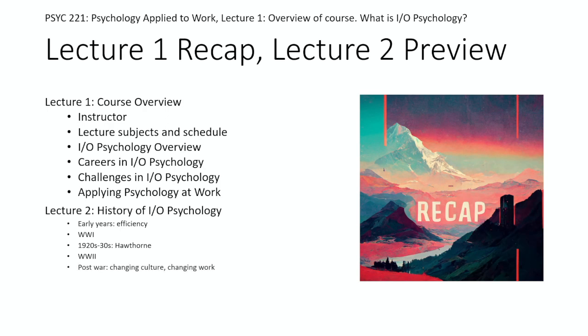Then post-war, all of the boom years and the cultural change, the dawn of the digital age, and the continued accelerating change of what we've got around us. We'll look at how IO psychology has developed along that timeline, and hopefully give a good perspective to get into the real meat of IO psychology in the following lectures.